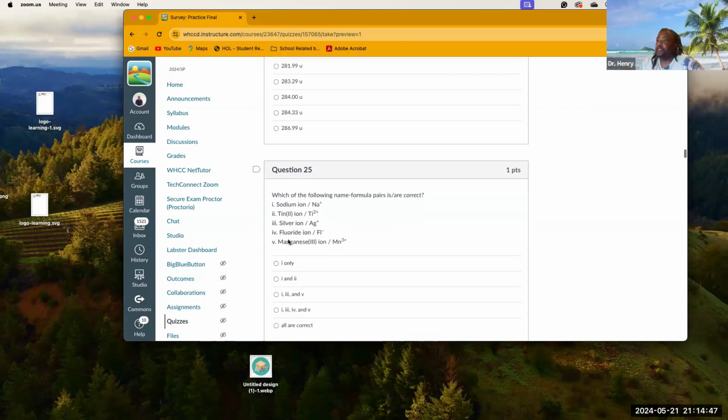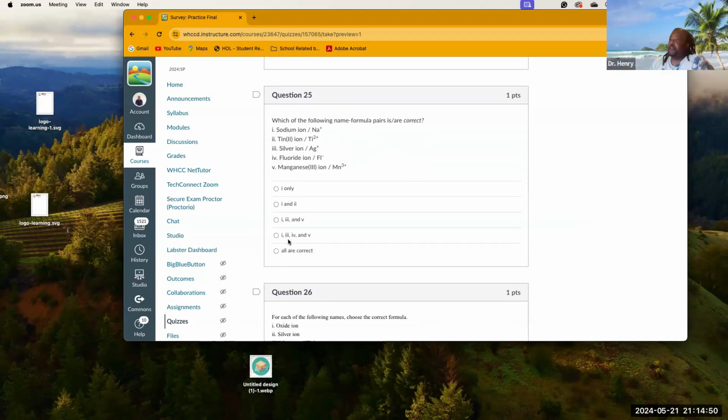Okay, next one. Which of the following name-formula pairs is/are correct? Sodium ion. Is that one correct? Yes. Okay. So I'm going to put a check by it. Tin(II) ion. Is that correct? No, that's right. So it needs to be Sn for tin. Silver ion. Is that correct? Yes.